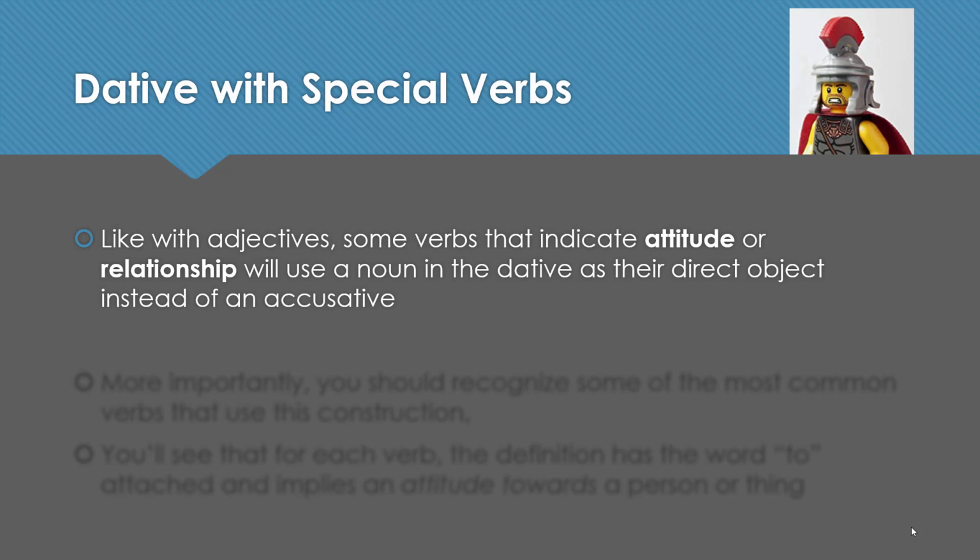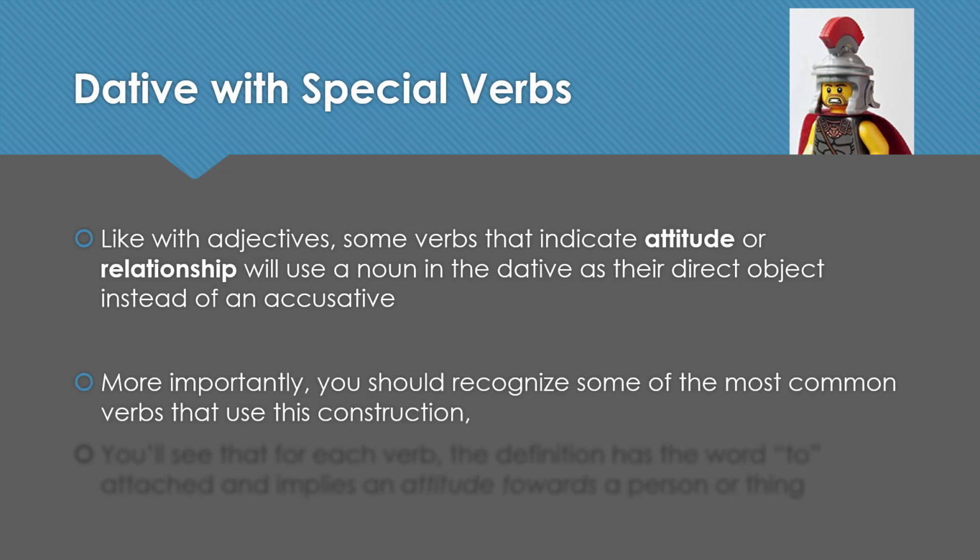Typically we would say, I love you, and that you would be in the accusative. But there are certain verbs that indicate attitude or relationship, and they use a dative instead of an accusative. It makes sense when you see them, because most of them will have some of the characteristics we just saw.